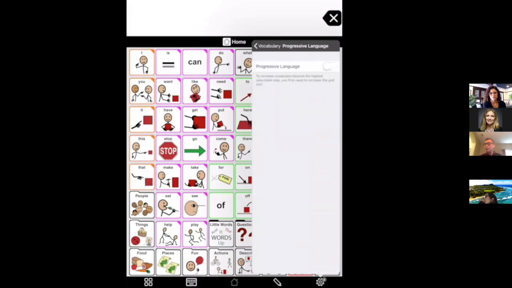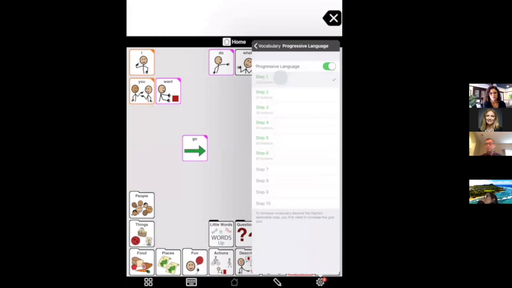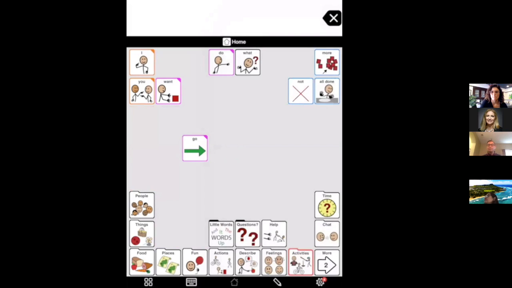I will turn on the progressive language. And if you go to step 1, see how it will just adjust and delete some of the words. When they designed this, these are the most common core words for the different ages, and so they made it into different steps.